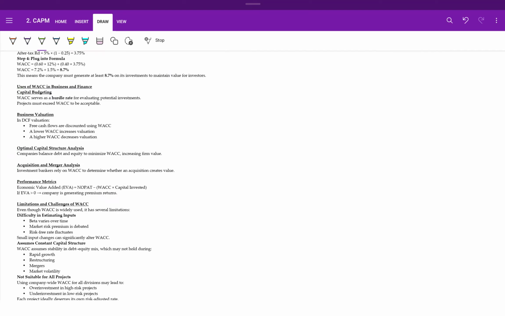The last topic we were discussing was the use of weighted average cost of capital in business and finance. When we look at the uses, capital budgeting comes to mind. WACC is used as the hurdle rate for evaluating projects.